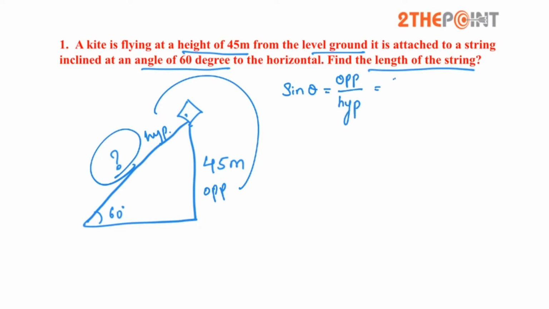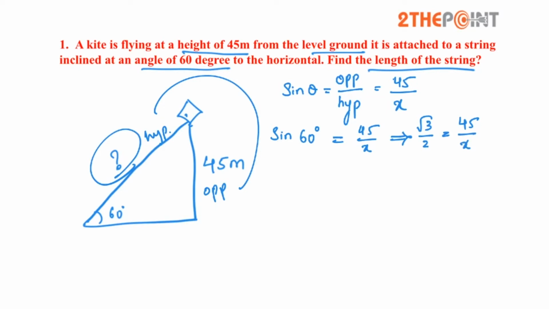Here opposite is 45 meter and hypotenuse, let's say, we take as x, and theta is 60 degree. Sin 60 degree equals 45 by x. We know the value of sin 60 is root 3 by 2, which equals 45 by x.